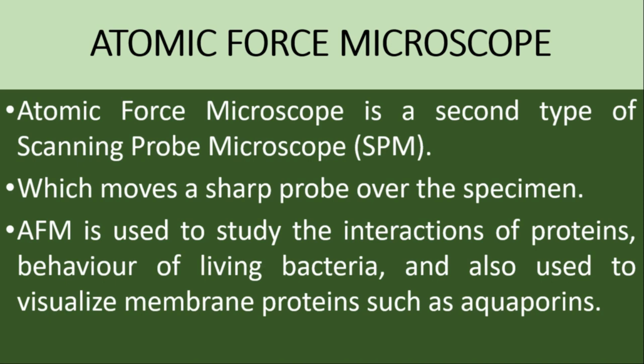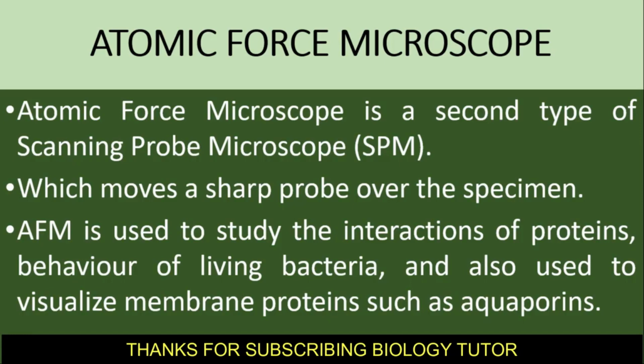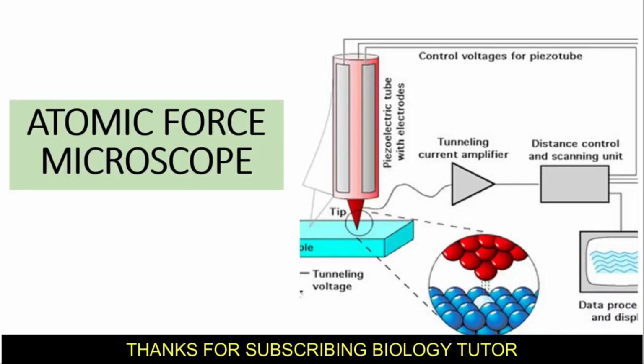AFM, atomic force microscope, is used to study the interactions of proteins, the behavior of living bacteria, and also used to visualize membrane proteins such as aquaporins. This is the diagram of an atomic force microscope. You can see the tip that probes. We can easily visualize atoms.